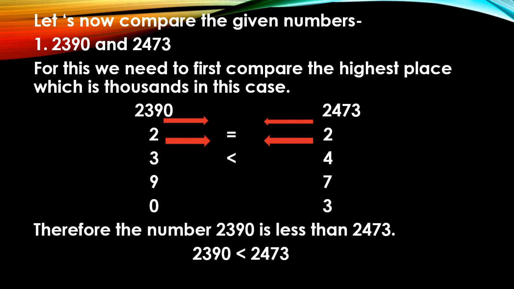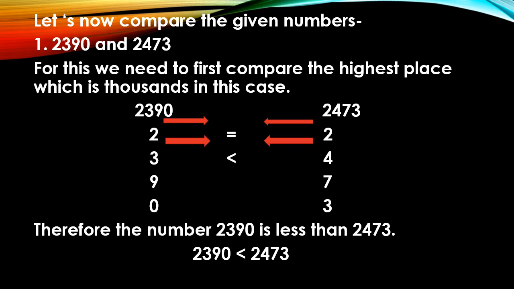Now, let us compare the given numbers 2390 and 2473. In order to compare these, we first compare the highest place, which is thousands in this case.